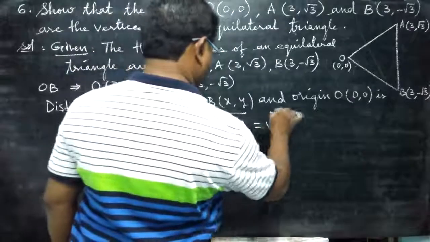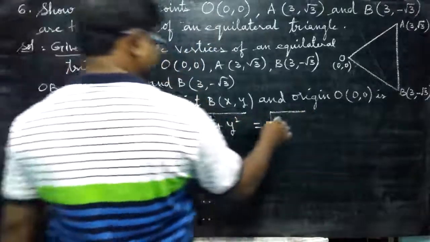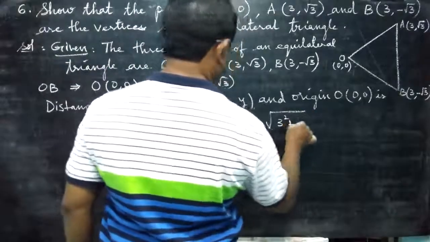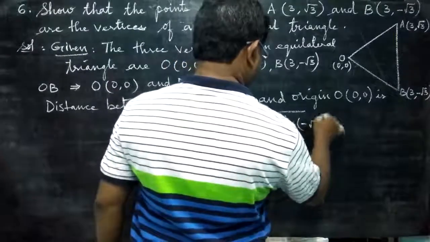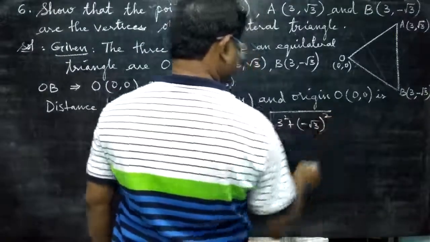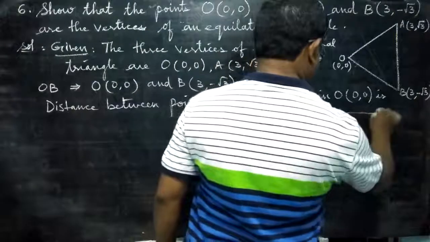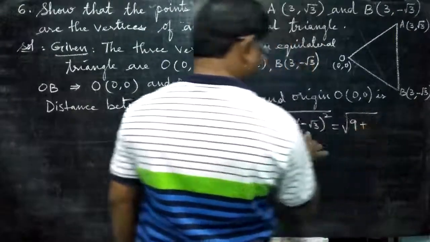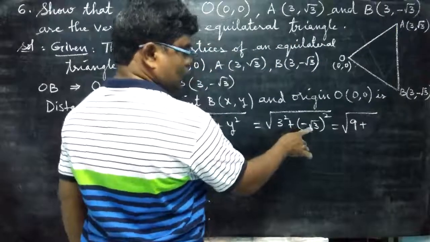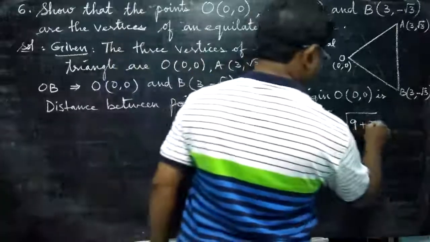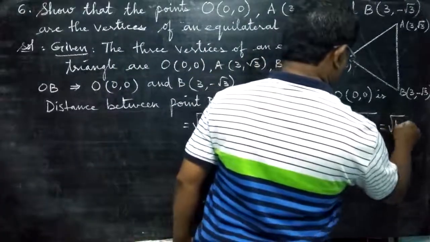That is the square root of 3 square plus (minus root 3) whole square. 3 3s are 9 plus, minus into minus plus, root 3 into root 3 is 3. That is equal to root 12 units.